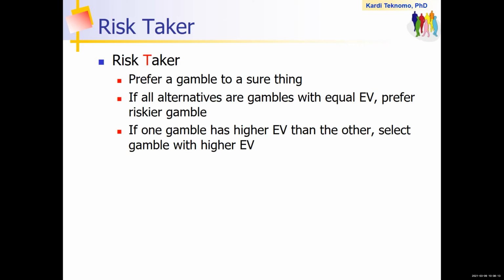If all alternatives are gambles, you will select the gamble with higher EV. If all alternatives are gambles with equal EV, you will prefer the riskier gamble. So now you can decide on your own which type of decision maker you are. Are you risk taker, risk averse, or risk neutral?